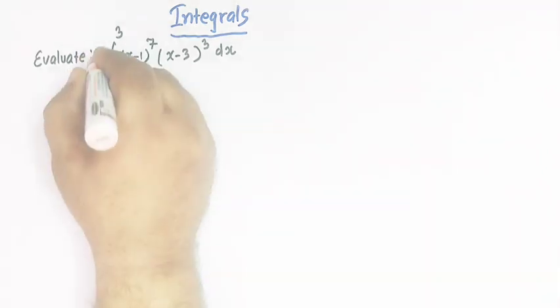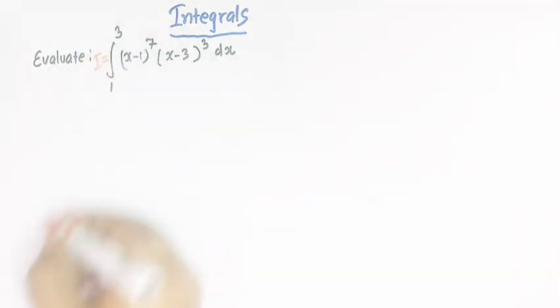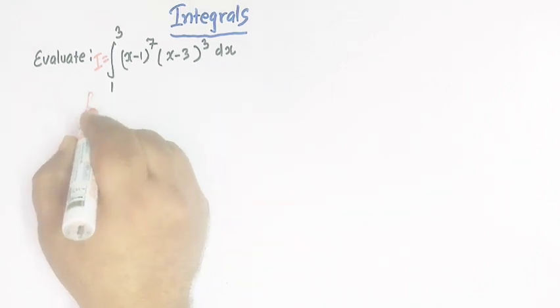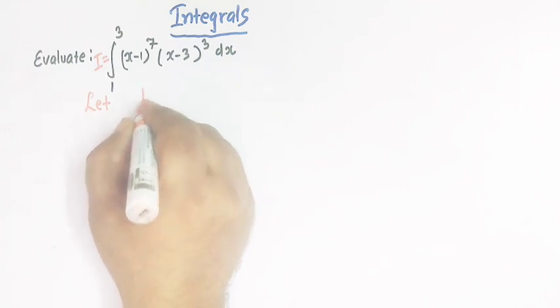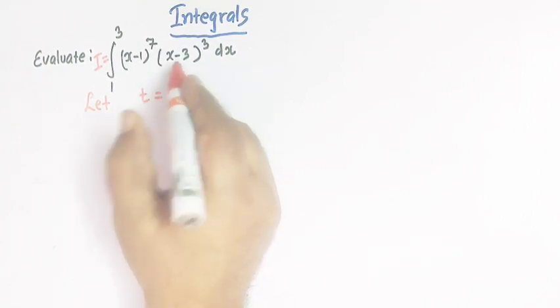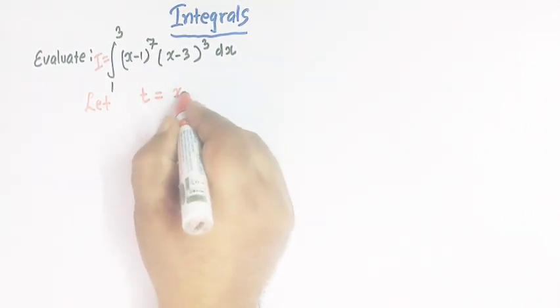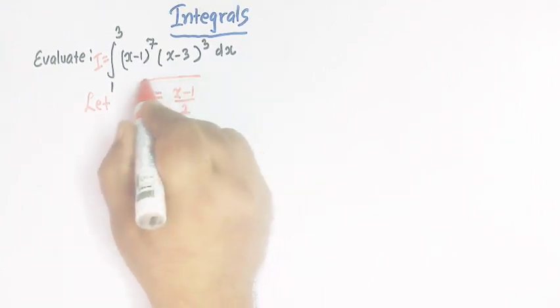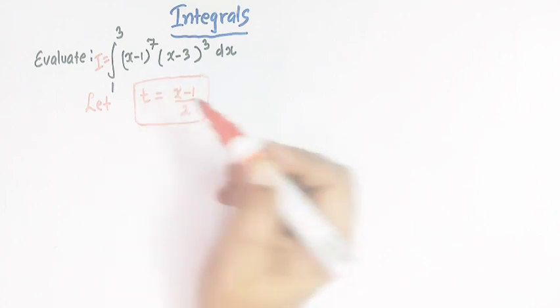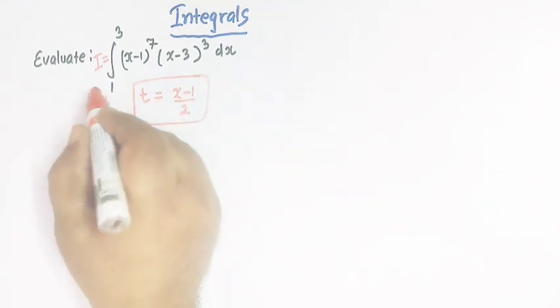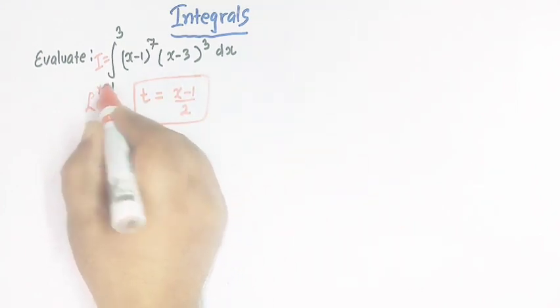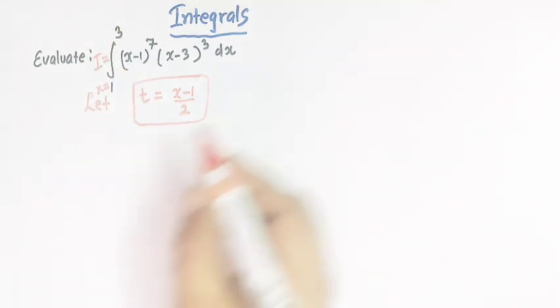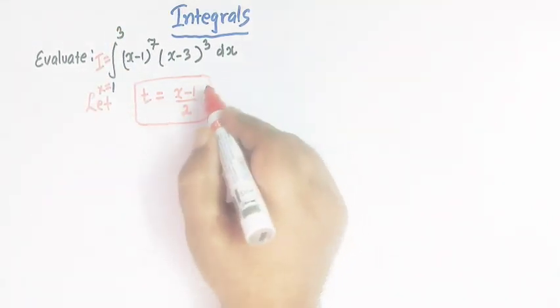So let us first call this integral I. Here I will make an important substitution: let t be equal to (x minus 1) over 2. Now x varies from 1 to 3, so let us change the limits accordingly.